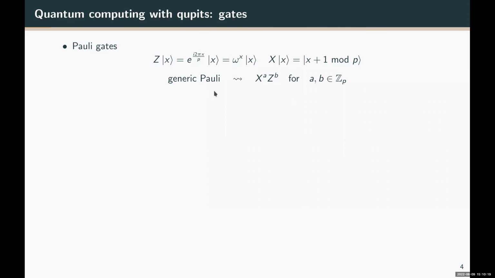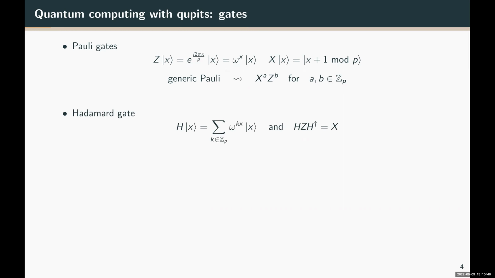And then we call a generic Pauli just any ordered product of these two operators, each weighted by some element of our finite field. The collection of all of these things we'll call the Pauli group, and this is standard for qubit quantum computation.